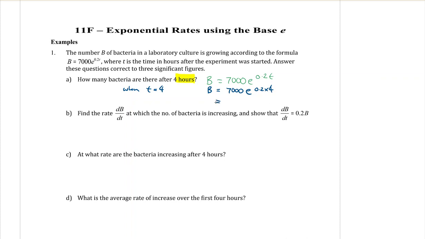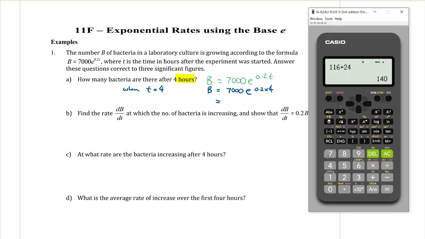Sorry, I'm getting a bit croaky. Okay, 7,000 times e to the power of 0.2 times 4. And for 3 significant figures, we need the 1, the 5, the 5, and the 7.